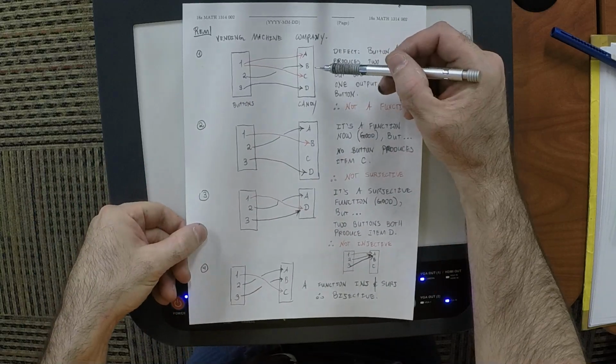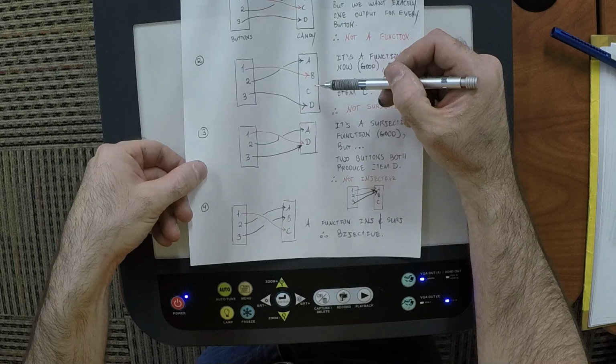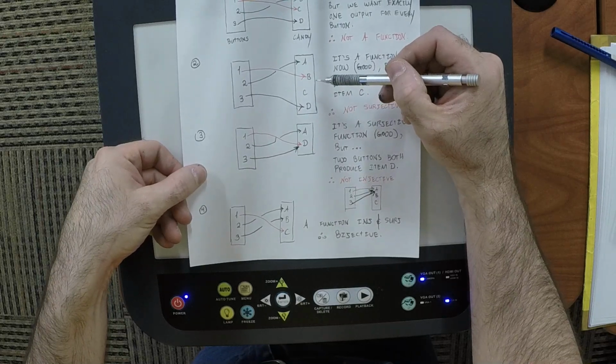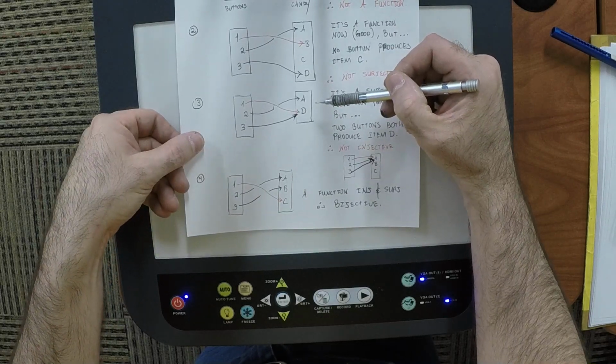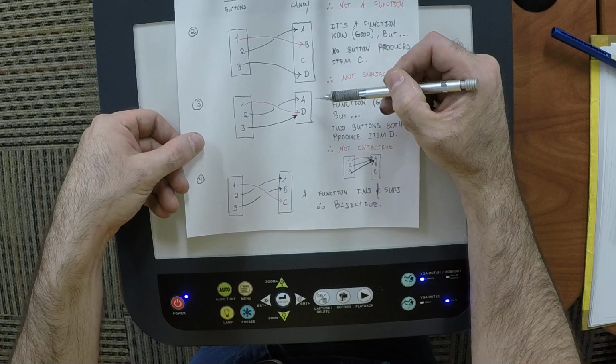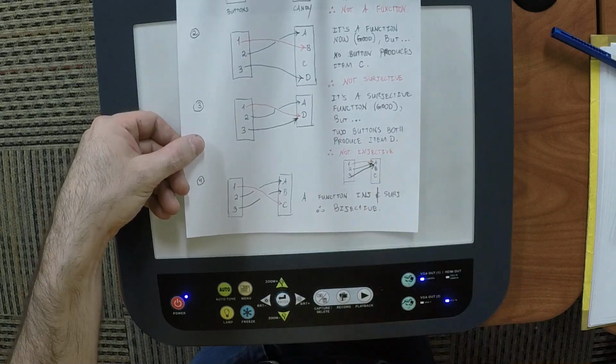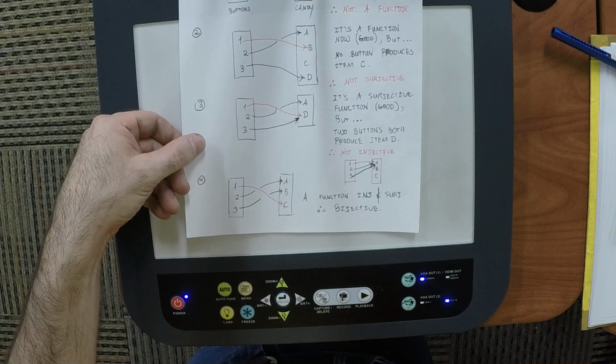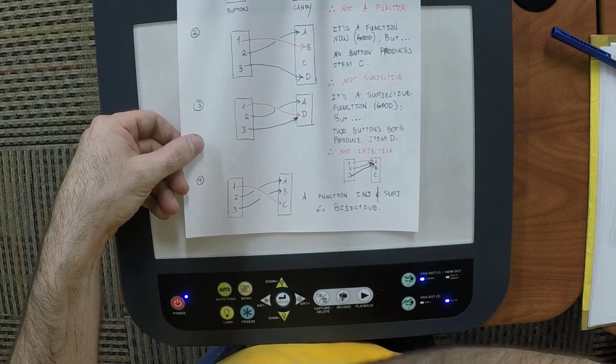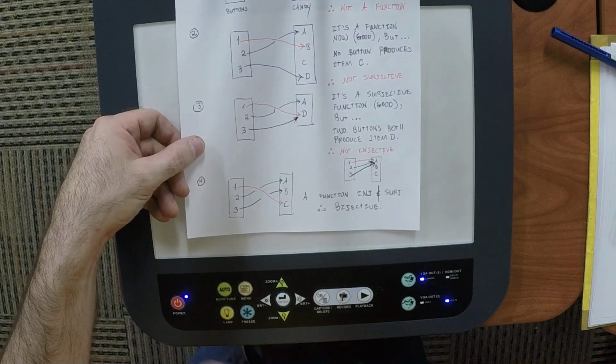Every button should do one thing. Everything that's on display should be obtainable. Every button should do just one thing. And when you have that, that's a correct vending machine. Any question about this? Okay, good.